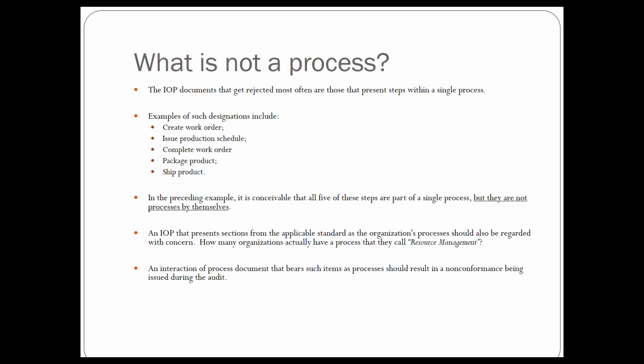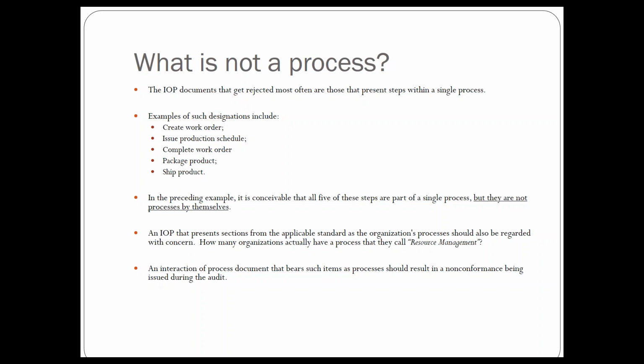So for example, if we are given something that says create a work order, issue a production schedule, complete the work order, package the product, ship the product, and all 5 of these are identified as individual standalone processes, that's going to be potentially problematic.